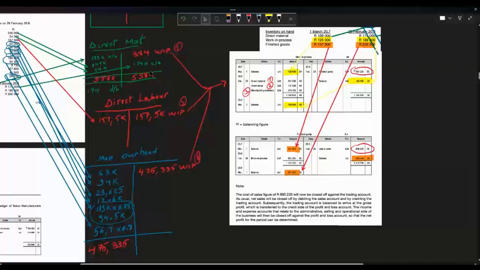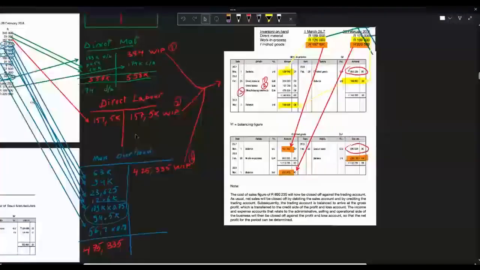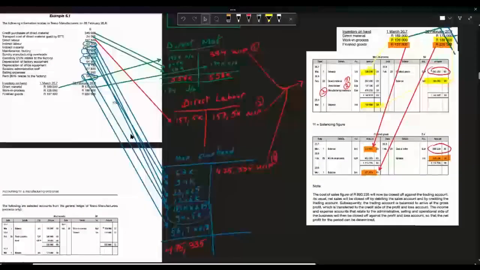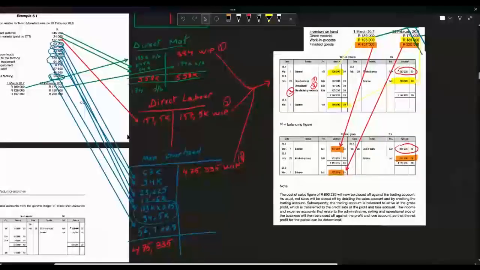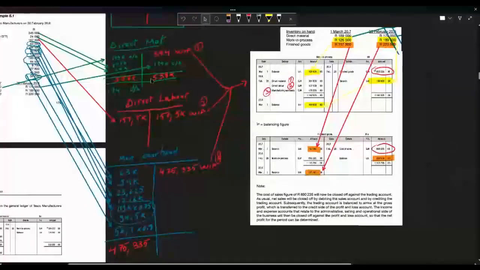The finished good opening balance, there was an opening balance, meaning it came from the previous production period. Can we double check it? Yes, the 157. As you can see here, 157 for the finished good was the opening balance, so it's what came from the previous year of production.